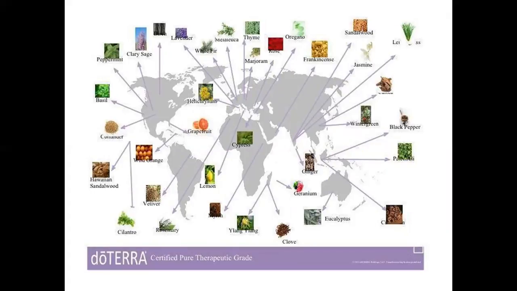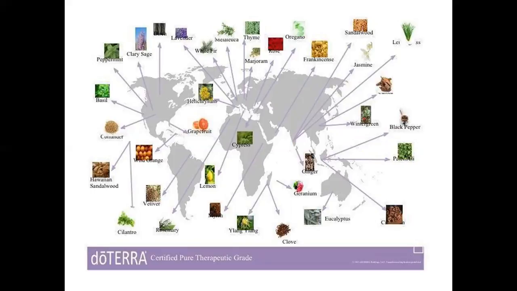Whereas if you grow an essential oil plant in a controlled environment, especially if it's in a greenhouse, then it's not going to have such a powerful immune system. You're going to lessen the power of that oil. And you also want to mention that when sourcing and harvesting these oils, doTERRA have researched down to the time of day.